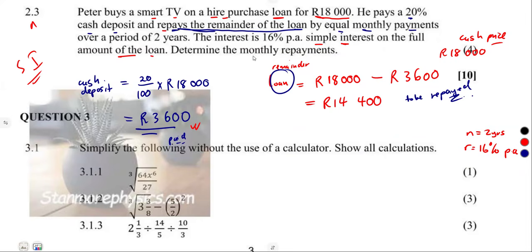Determine the monthly repayments. So the simple interest is given. This is the full amount that is going to be paid, which is your principal. The remainder, the loan, is your principal value, which in this case is 14,400. This is the one that you're going to need to pay up, because the first one was paid as cash. Then the remainder now is what we look for.